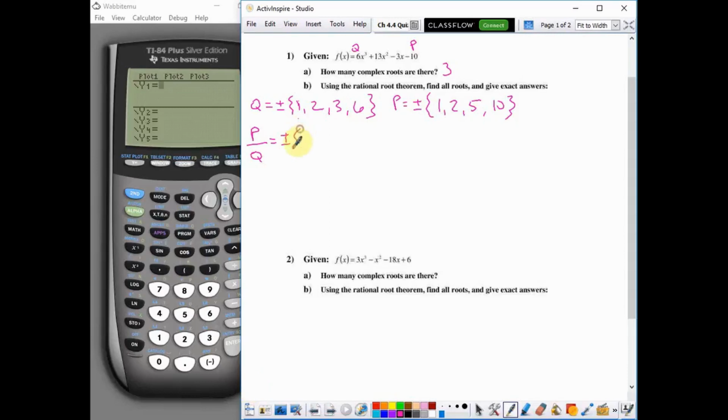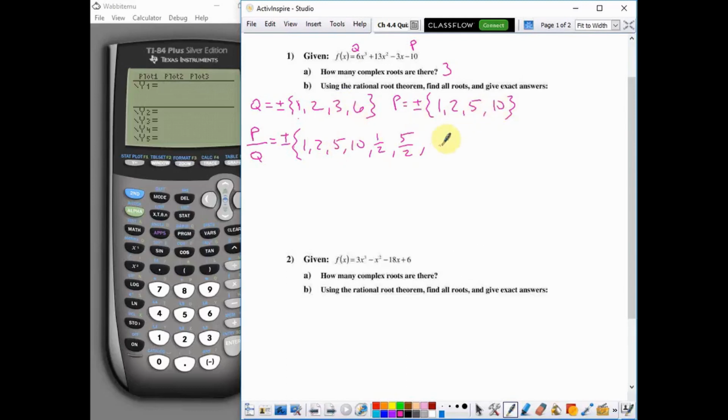Okay, so p over q means all the p's over all the q's. So all these p's over 1: 1, 2, 5, 10. All the p's over 2: 1 over 2, 2 over 2, which is 1, we've already used that, 5 over 2, and 10 over 2, and that's 5, and we've already used that, so we don't have to rewrite that.